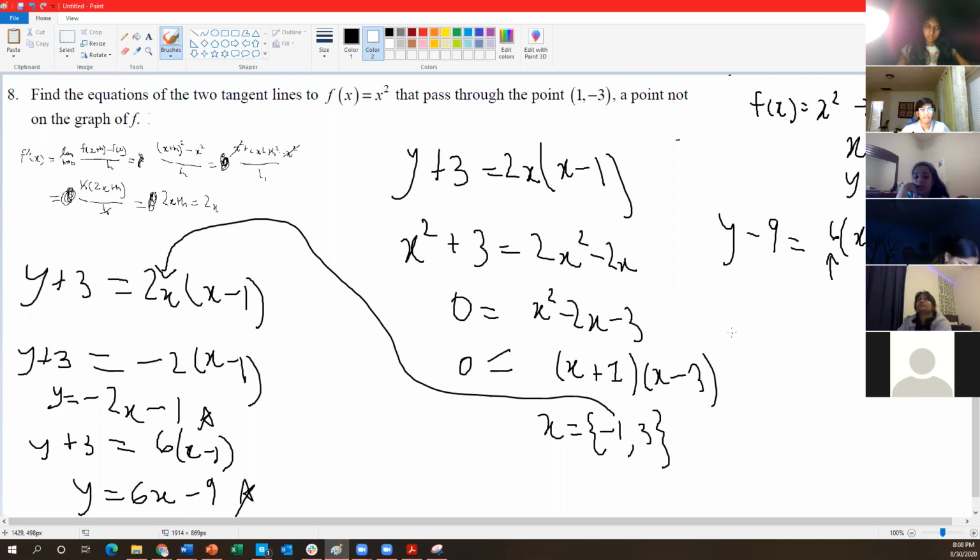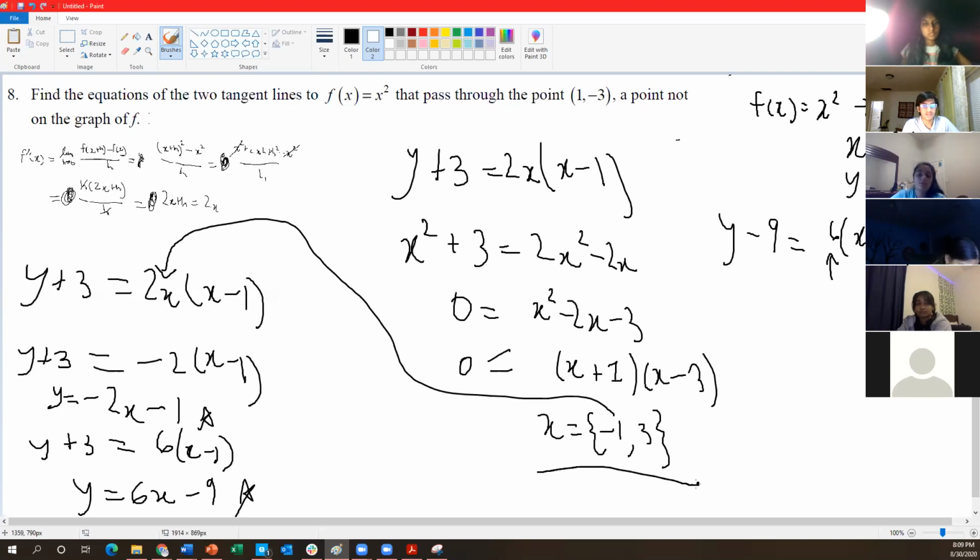But if it asks for 2 tangent lines, would we have to do what we did before? Well, even if the question had said find the equation of the tangent line that passes through whatever, you would still have ended up with 2 answers, simply because of how it works out.